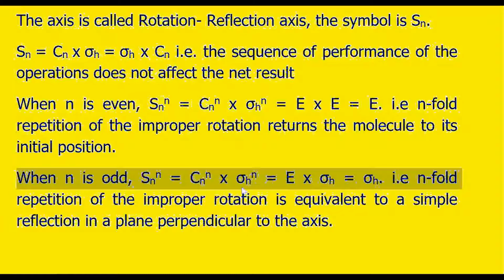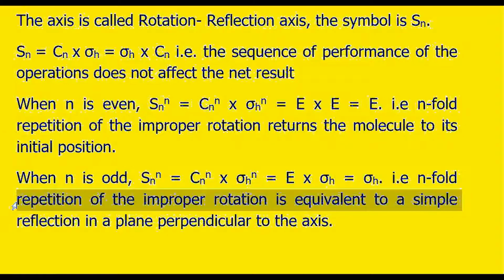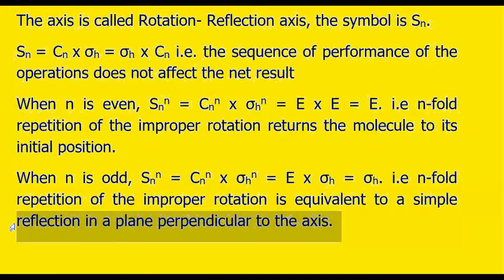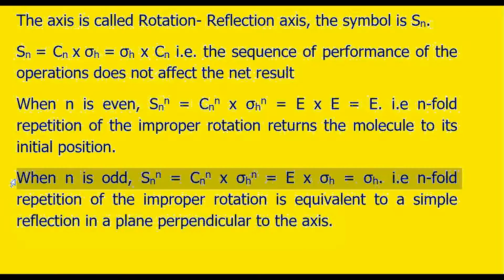Therefore, this multiplication becomes equal to E multiplied by sigma h, that is equal to sigma h, because E is the identity operation. So this now means that n-fold or n times repetition of improper rotation is equivalent to a simple reflection in a plane perpendicular to the axis around which you are rotating. This comes out to be true when the value of n is odd.